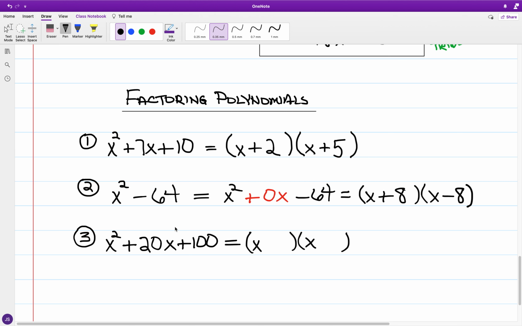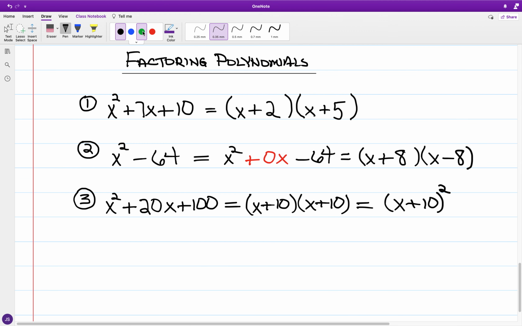Factors of 100 that will add up to 20. Then we have positive 10 in both of these. And if you notice, we have x plus 10 times x plus 10. And this will come out to the square of x plus 10. Okay. So again, we have another case of a squared trinomial.